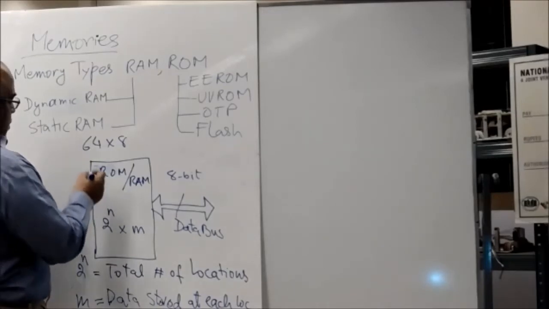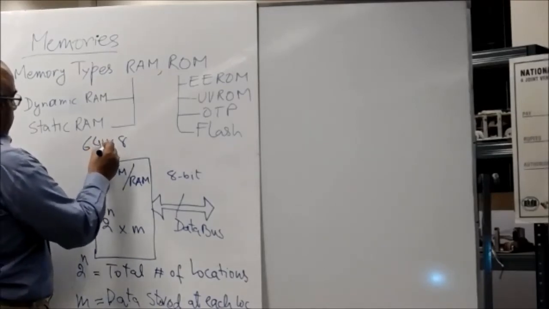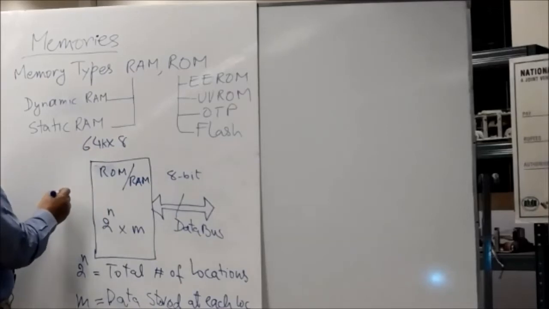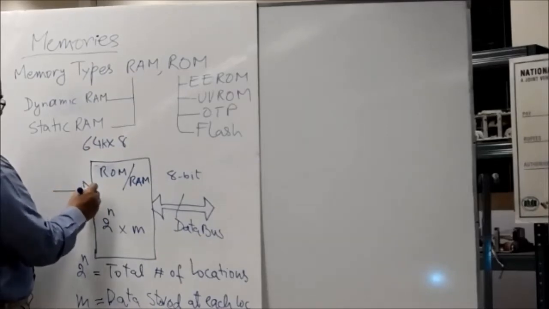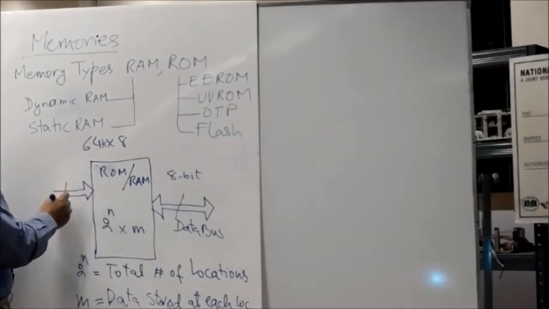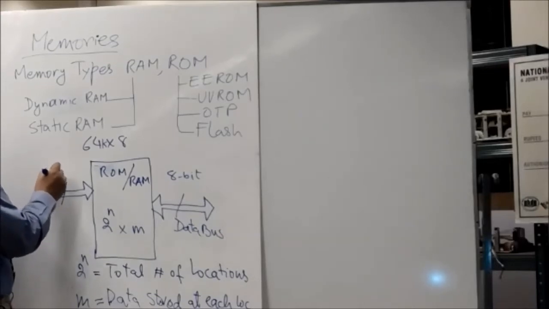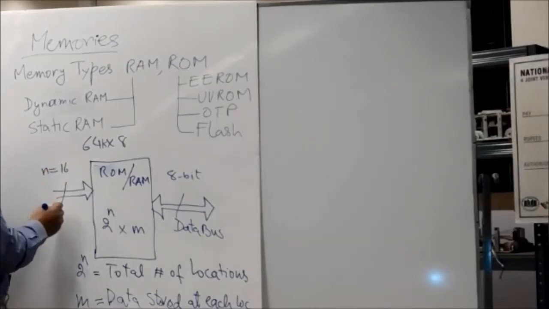And 64K is 2 raised to the power 16. Remember, 2 raised to the power 16 is N, so N is equal to 16, which is the size of the address bus.